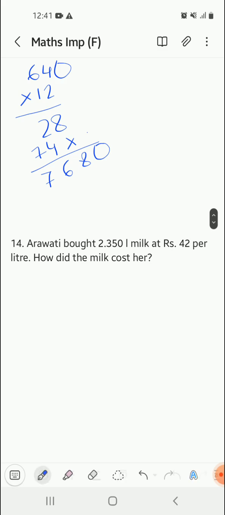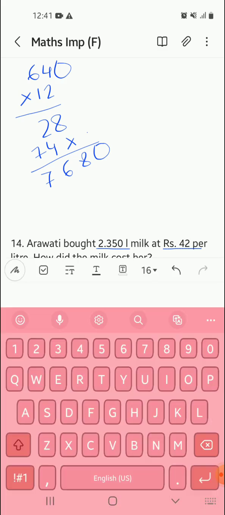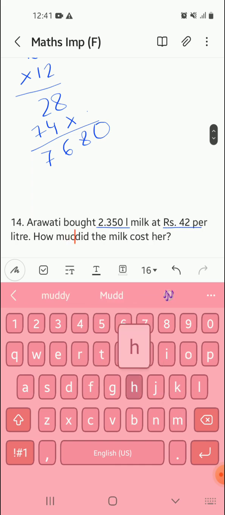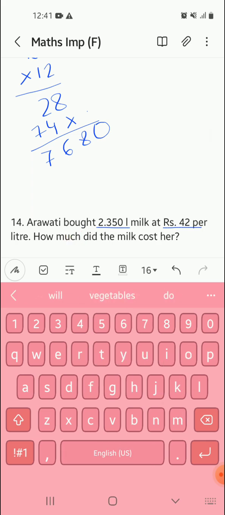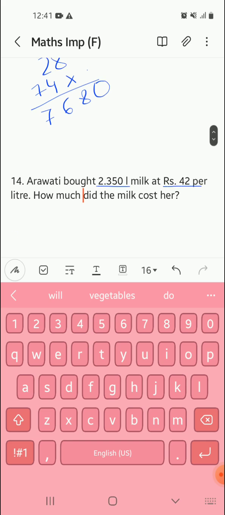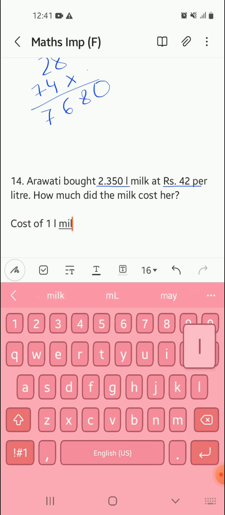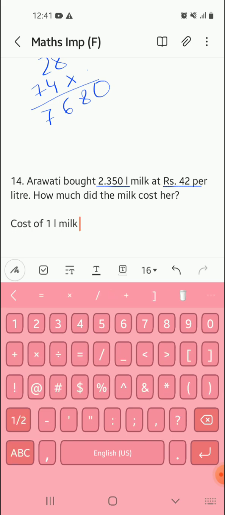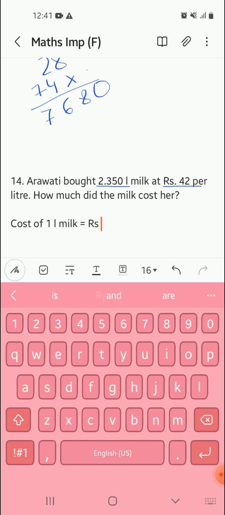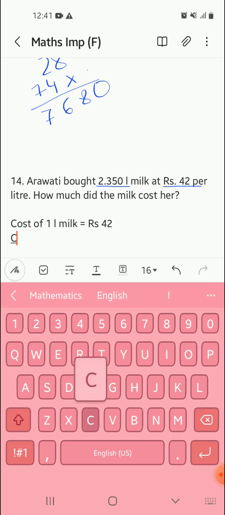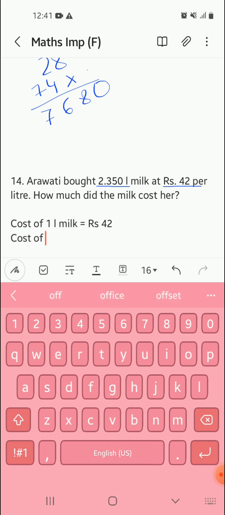Arawati bought 2.350 liter milk at rupees 42 per liter. How much did the milk cost her? That is the total milk. So we know cost of 1 liter milk is given as rupees 42, and we have to find out cost of 2.350 liter.